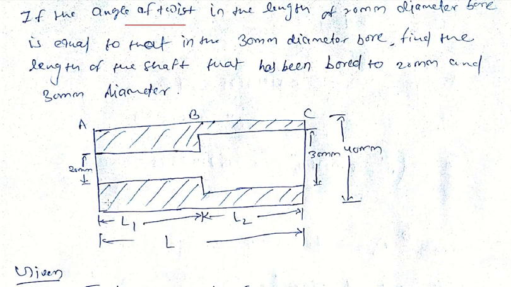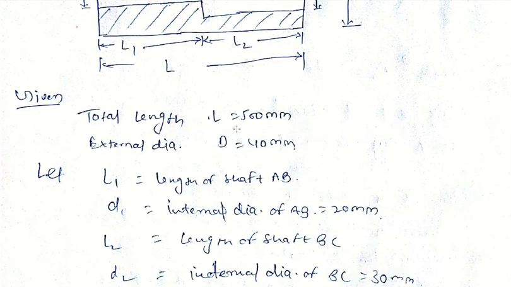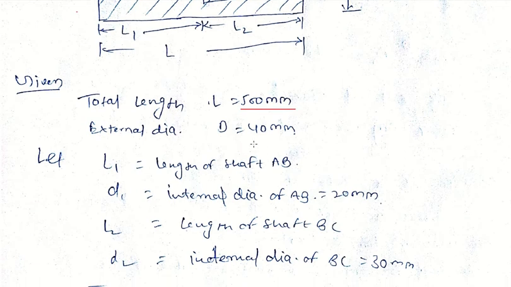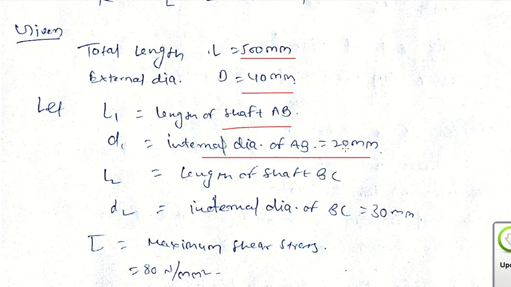The diagram is this. Here is 20 internal diameter and 30 internal diameter. Here is length L1 of section AB and L2 for section BC. Total length is 500, external diameter 40. L1 is the length of shaft AB, which can be found out. D1 is the internal diameter of AB, which is 20.